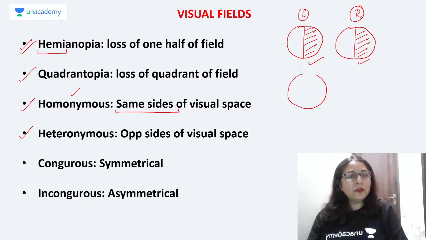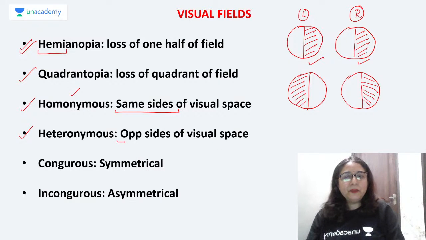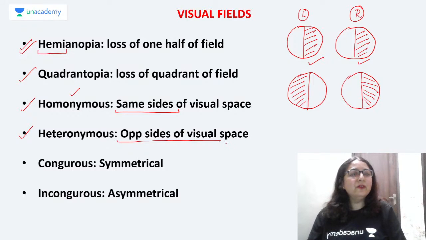Whereas in a heteronymous field defect, the defects involve the opposite halves of the visual space. So if this is the left eye field and this is the right eye field, in heteronymous it will be affecting the opposite sides of the visual space. Please concentrate on the words opposite sides of the visual space.